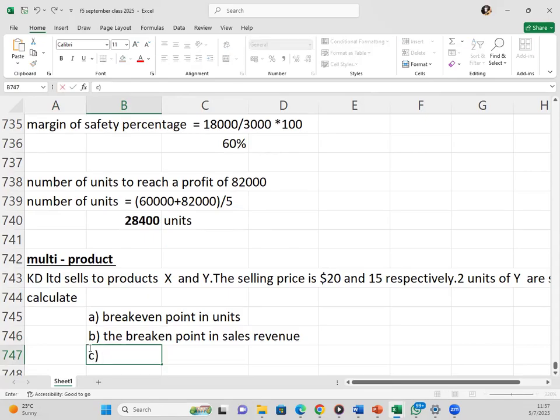Next question, the number of units to reach a profit of 40,000.